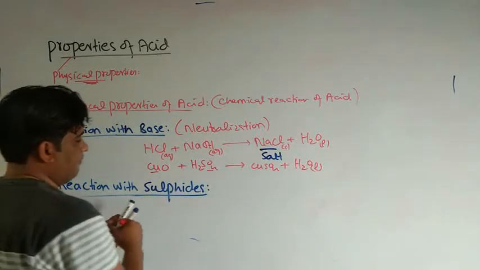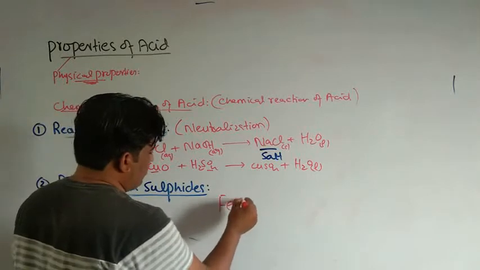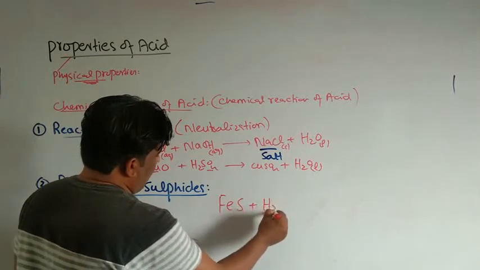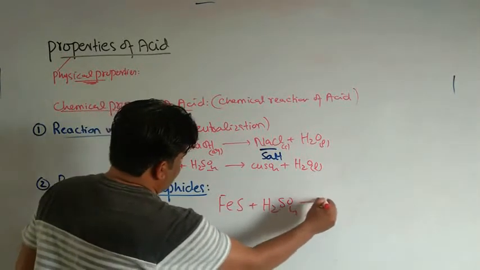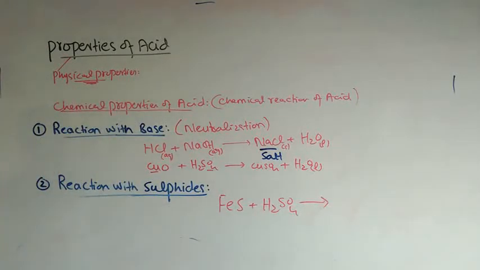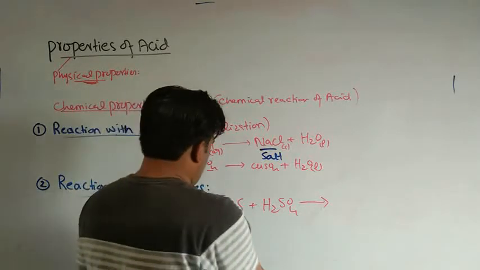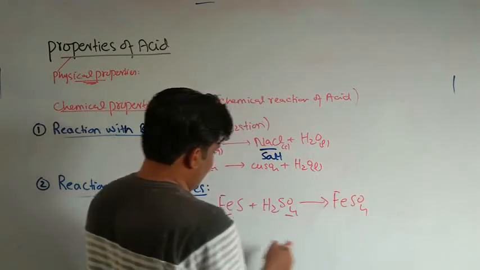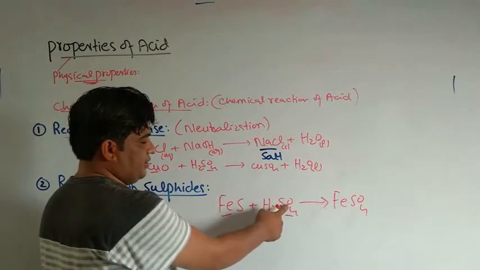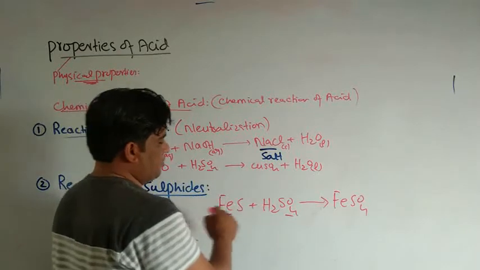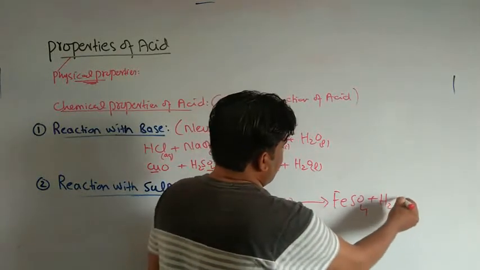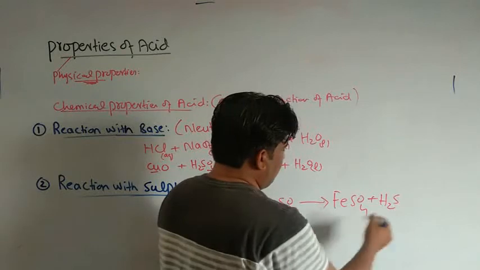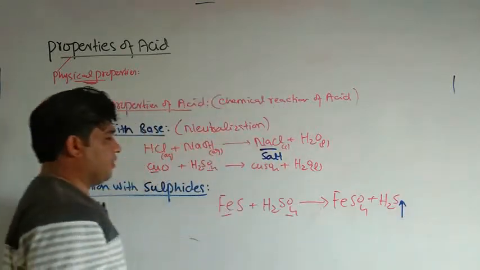Sulfides, suppose अगर आयरन सल्फाइड्स को हम एसिड्स के साथ मिलाएं, that is sulfuric acid, when iron sulfides combined with acid, that is sulfuric acid, so iron sulfate FeSO4, iron sulfate plus H2S, that is hydrogen sulfide, that is a gas, so they are evolved.